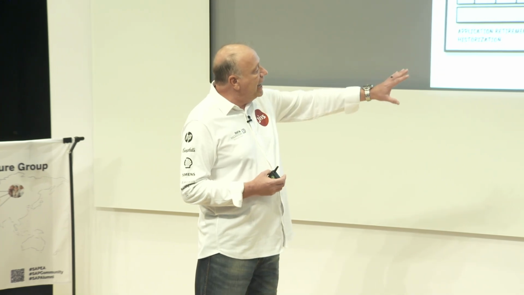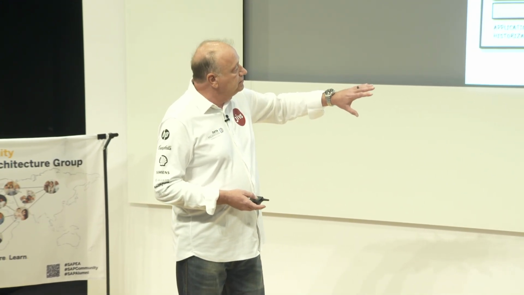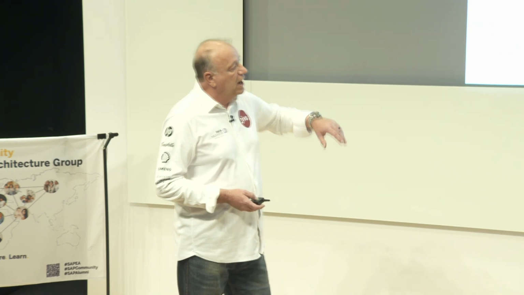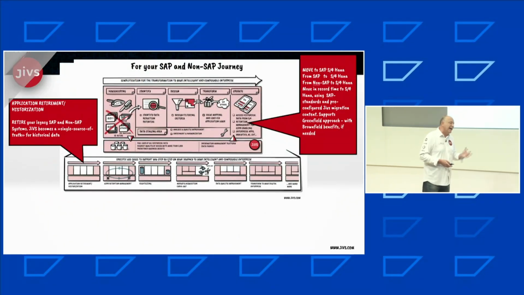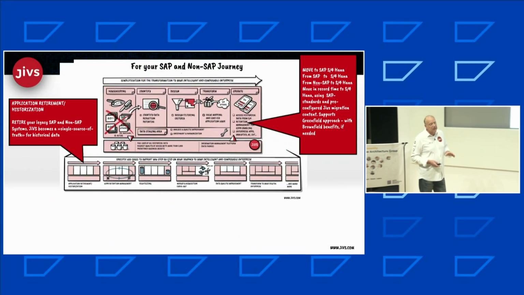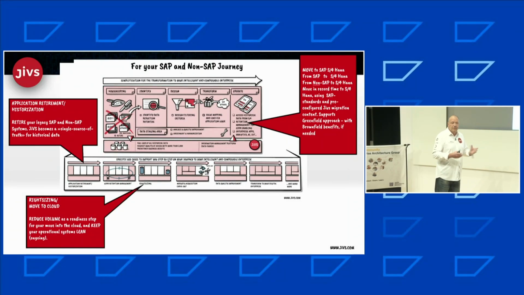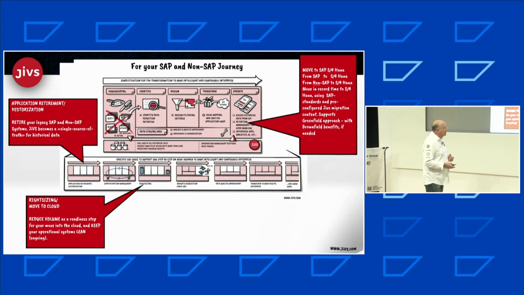In addition to that, for right sizing, typically, before you move to the cloud maybe, or before you even tackle an S4 project, even though we do that typically during the migration. And then active archival, typical scenario there is you are on S4, you want to keep it lean as possible. So we support that as well.